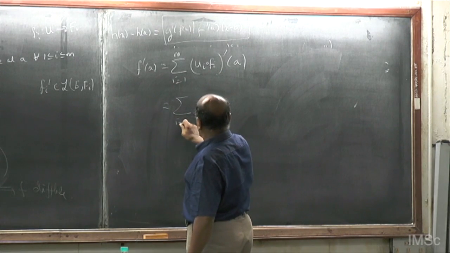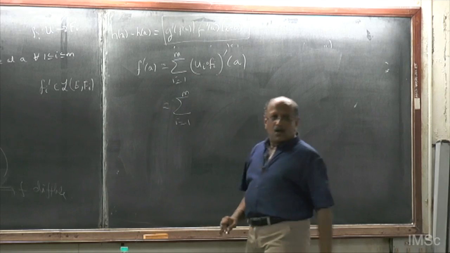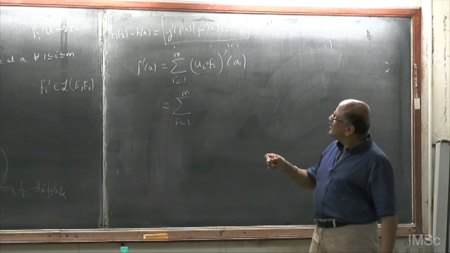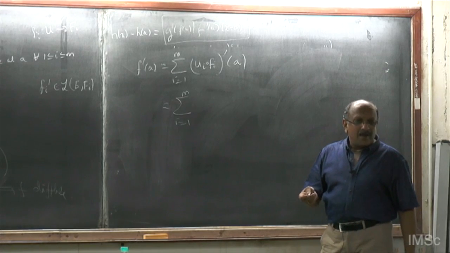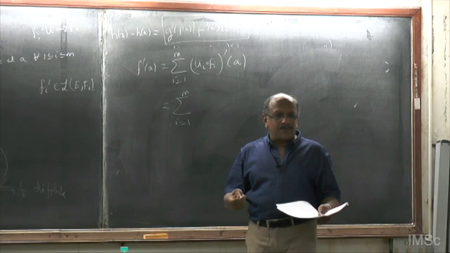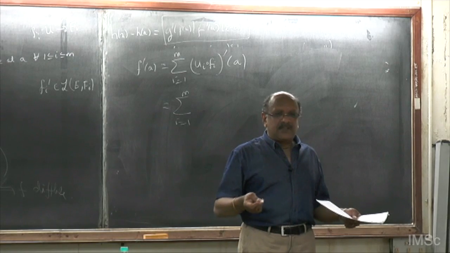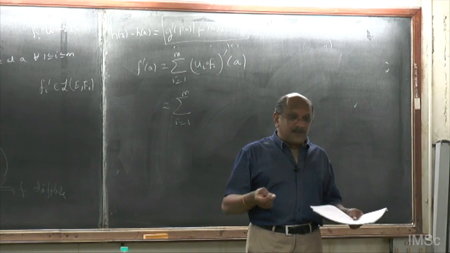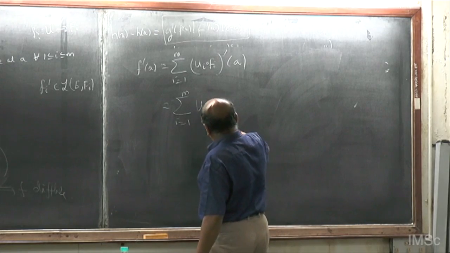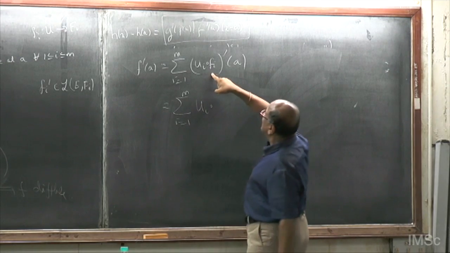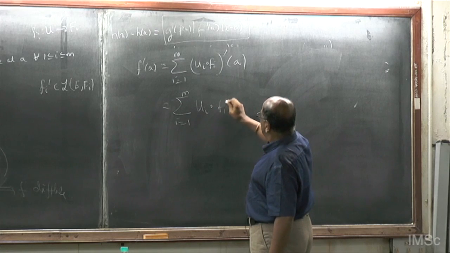So, equals sigma i equals 1 to m, ui dashed at fi of a, but ui is a linear map. So, where we said derivative of a linear map is a constant, that means it is the same everywhere, it is itself. So, the derivative is just ui composed with derivative of fi at a.